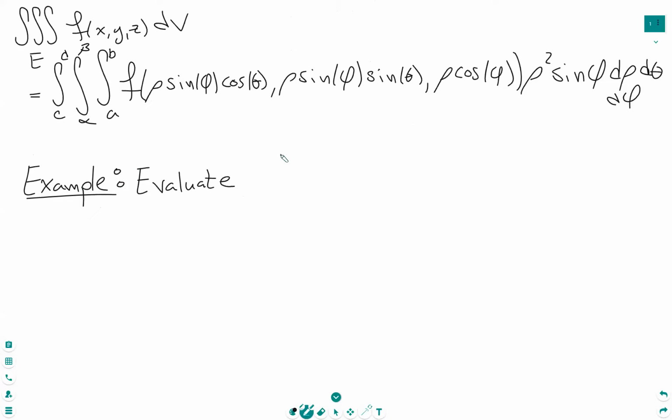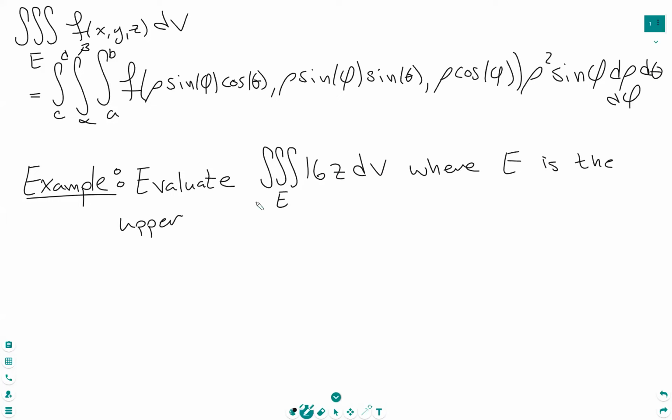Let's evaluate the triple integral over some region E of 16z dV, where E is the upper half of the sphere x squared plus y squared plus z squared is equal to 1.